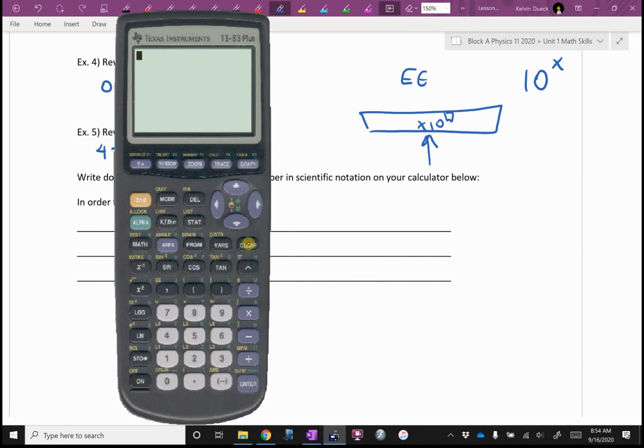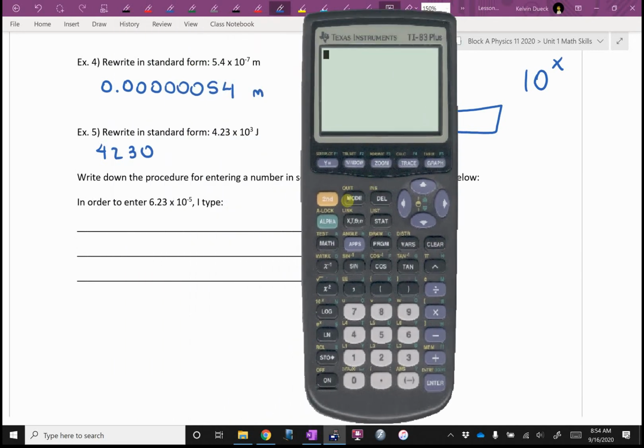For a number in scientific notation, like 6.23 times 10 to the negative 5, you might be tempted to go 6.23 and then hit your times button and then type a 10 and then hit your exponent button and then go -5. Do not do that. You will get strange errors this year if you do that, because the software does not know that this 10 to the -5 is attached to the 6.23.